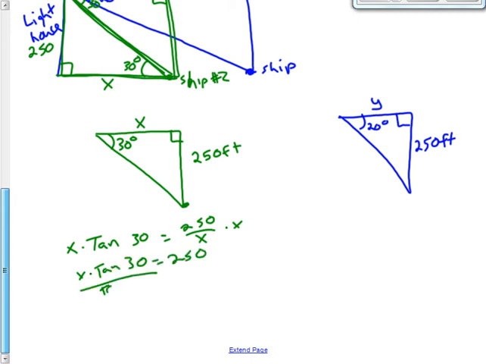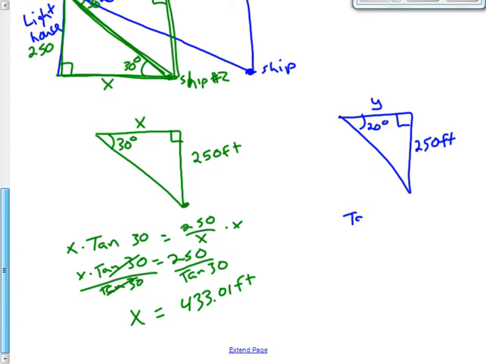Divide by the tangent of 30. And I end up with a significantly different answer from what I had before in this problem. So I've got 250 divided by the tangent of 30, which is 433.01 feet for this one.